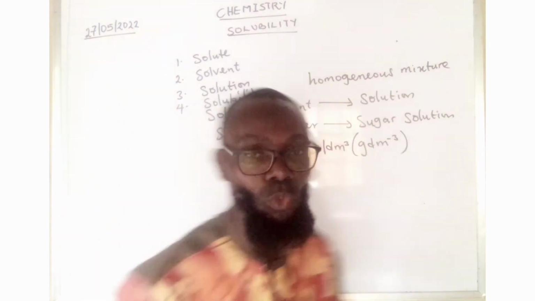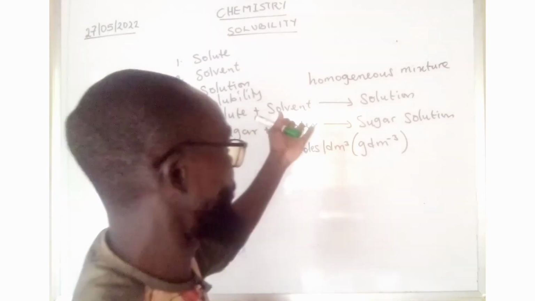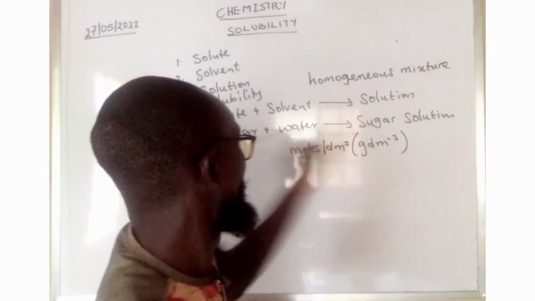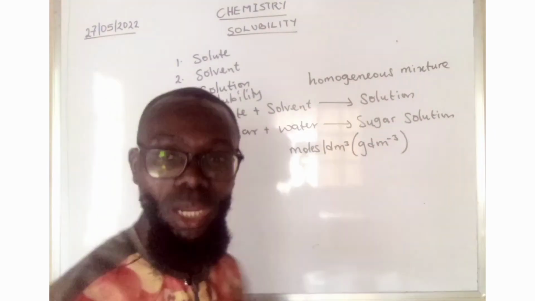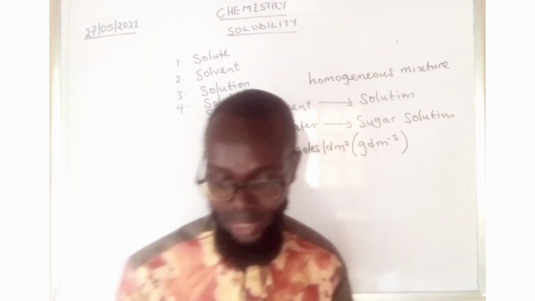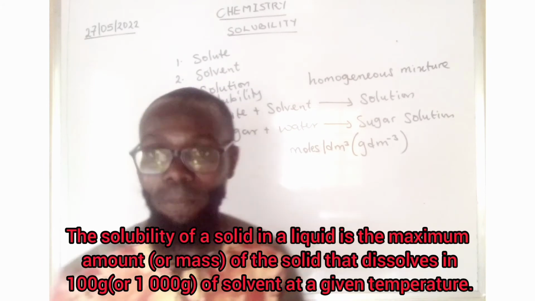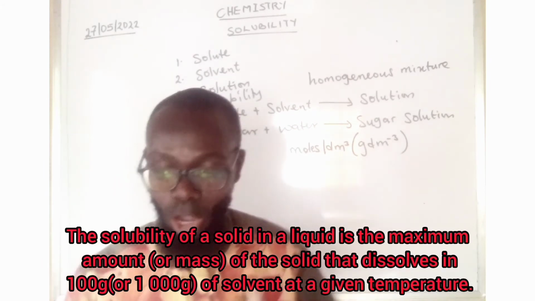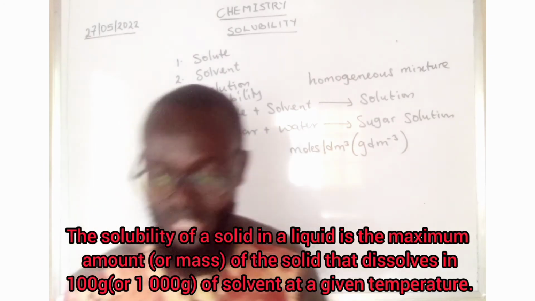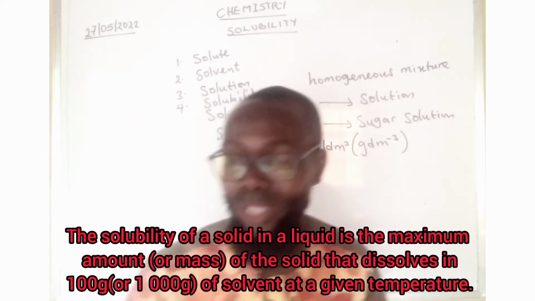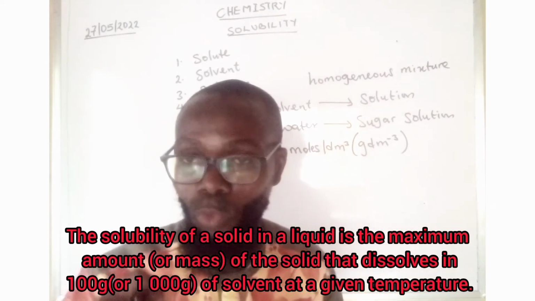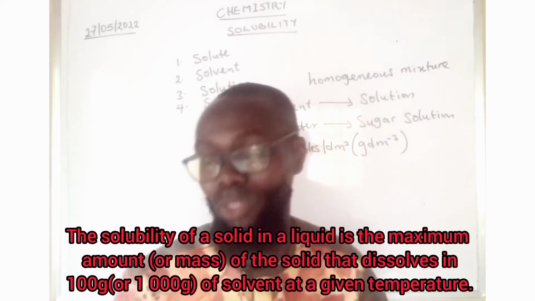Secondly, since we know that solutes can dissolve in water to produce solution, sugar plus water, we can also have another definition of solubility. The solubility of a solid in a liquid is the maximum amount of the solid that dissolves in 100 grams or 1000 grams of water.